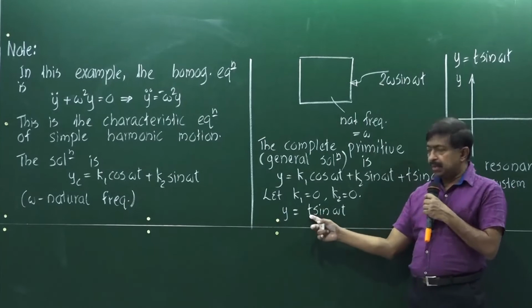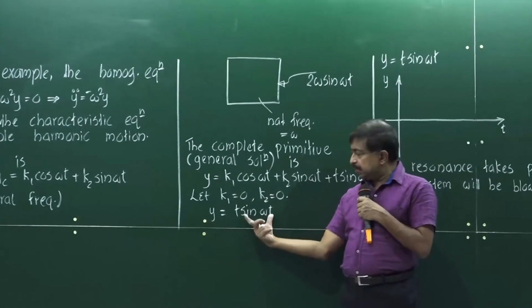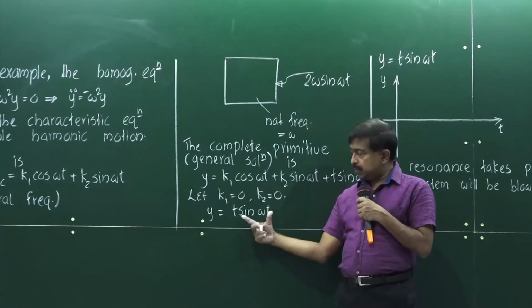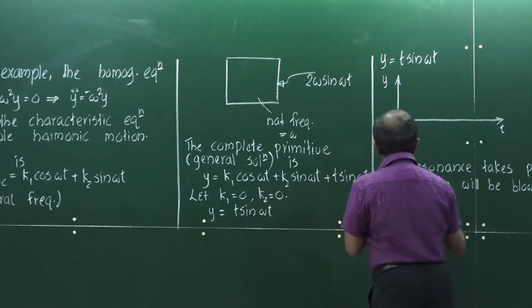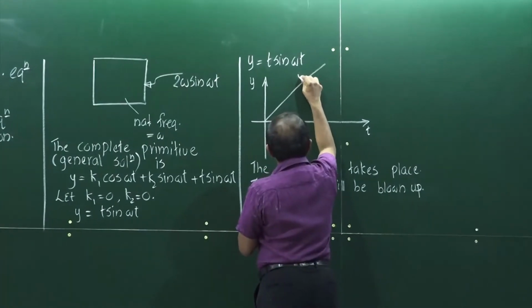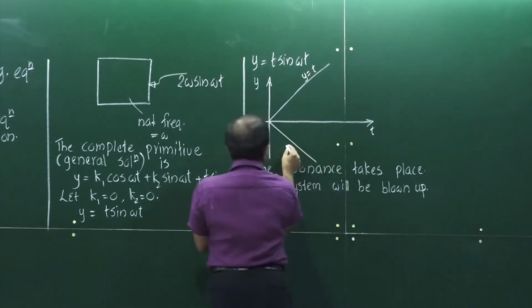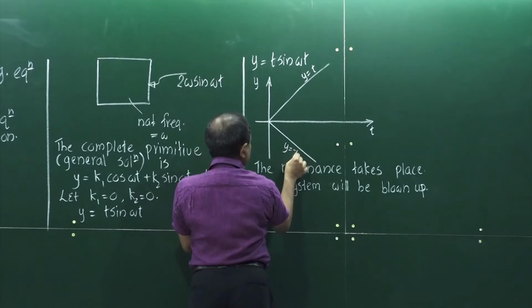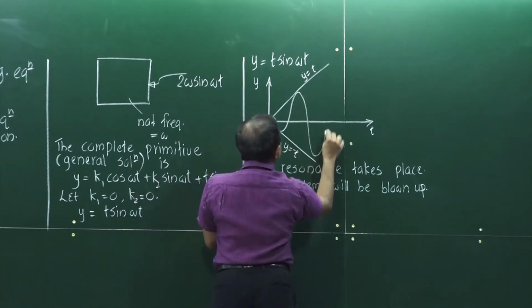This, as I explained to you earlier, this gives you the envelope, this gives you the oscillation. So to determine the envelope, you first sketch y is equal to t. Then y is equal to minus t. Now the oscillation goes like this.